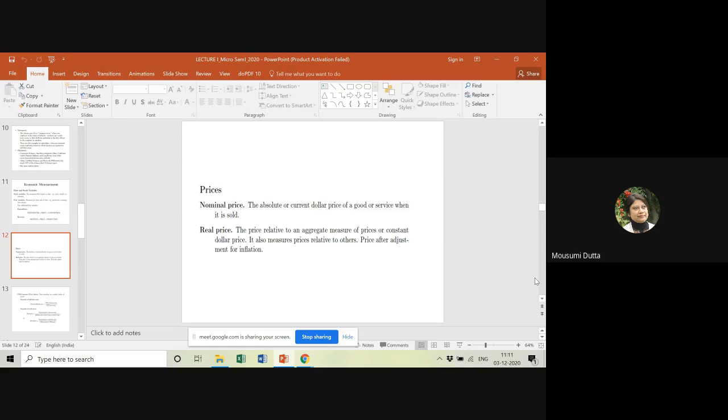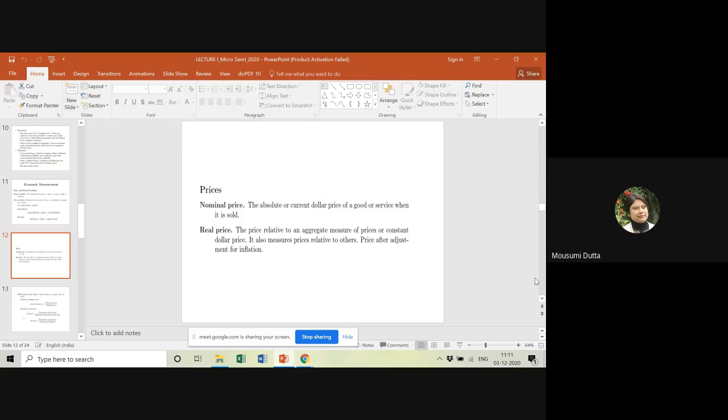Okay, so it will tell us really how much we will be able to buy. So real price is the purchasing power of the individual.